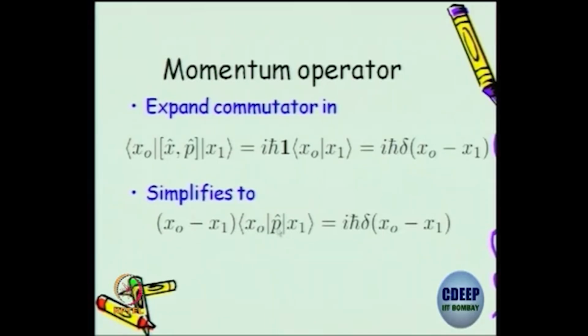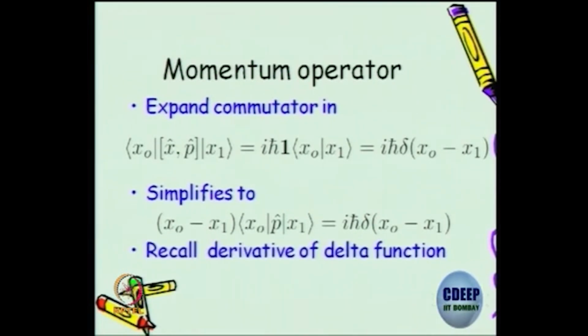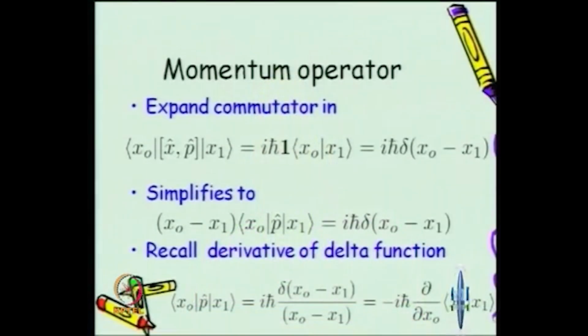Now from here, if you take x0 and x1 to be really close, it is like 1 over x0 minus x1 times the delta function. What is that? You have to check, it will be a derivative of a Dirac delta function. What is the derivative of a Dirac delta function? Delta of x0 minus x1 divided by x0 minus x1 is nothing but a derivative of a Dirac delta.